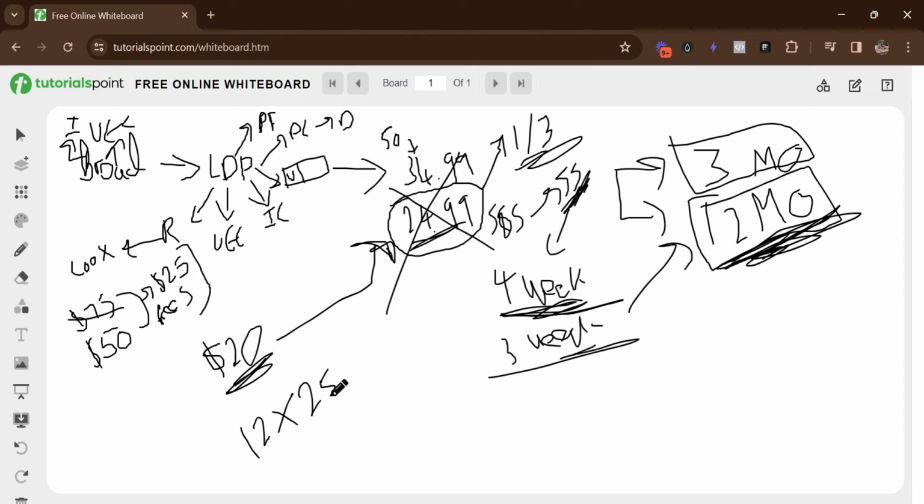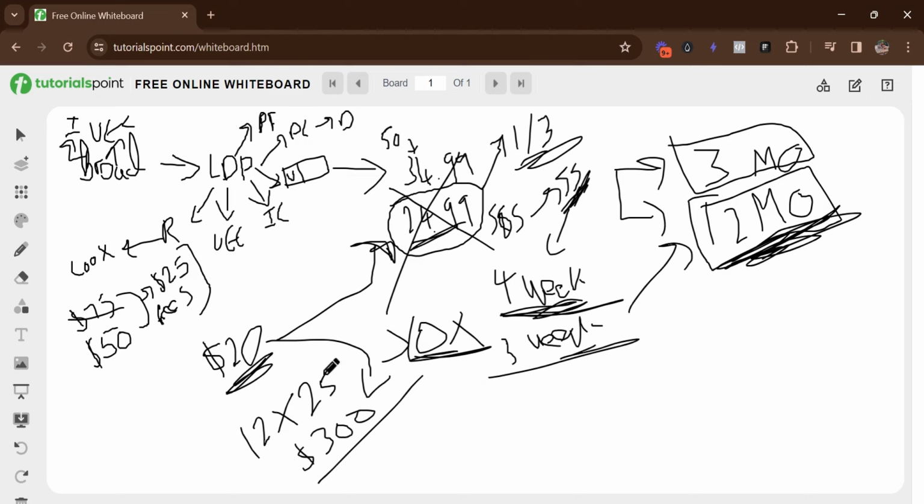That's about $300 from literally an input of $20. Quick math, that's over a 10x ROAS. I'm not very good at math. Over a 10x ROI they're getting there. So you see how efficient it is making sure you've got a subscribe and save scheme. That's how we scale all our skincare brands.